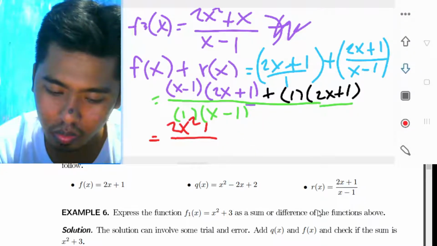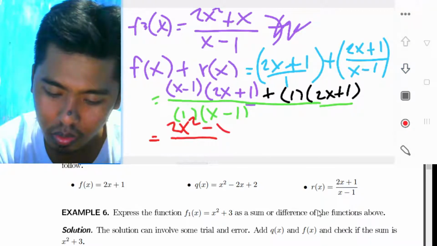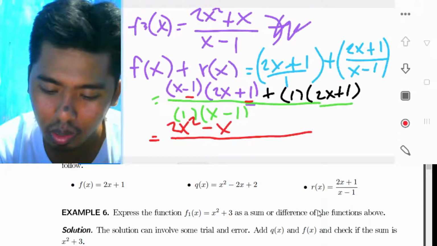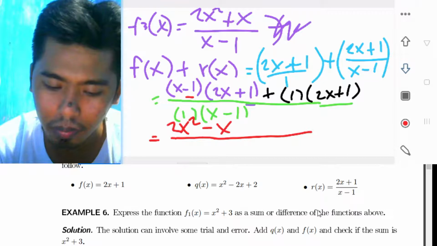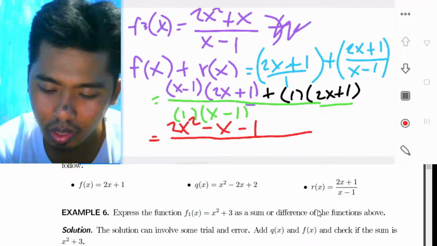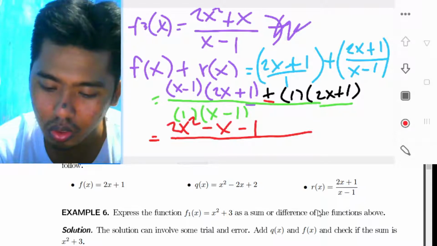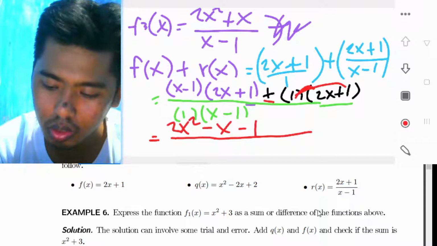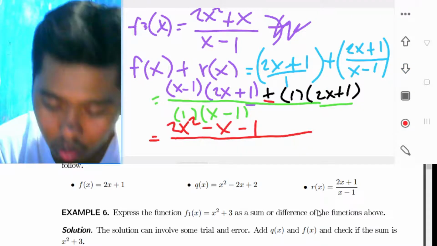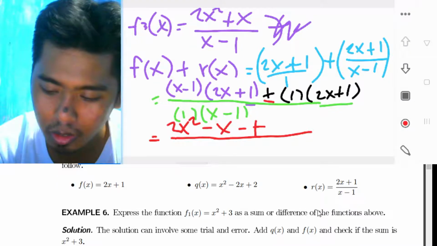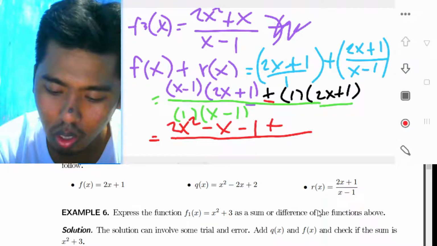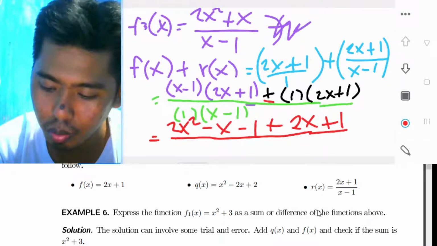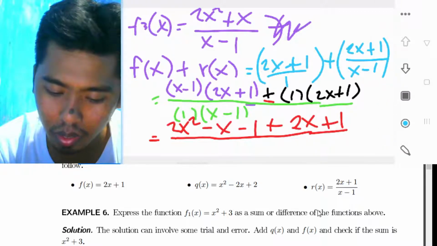Now the last term, negative 1 times 1, would be negative 1. Then the positive 1 times 2x is still 2x, and 1 times 1 is still 1, so plus 2x plus 1. In the bottom part we have x minus 1.